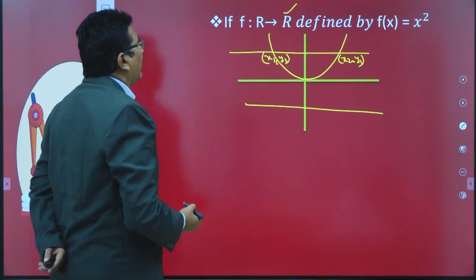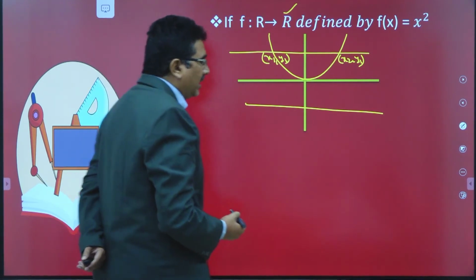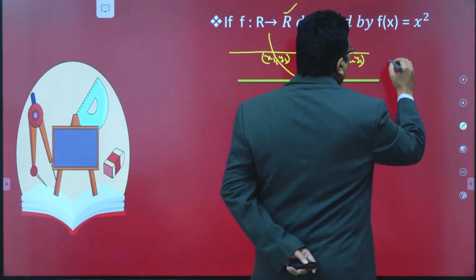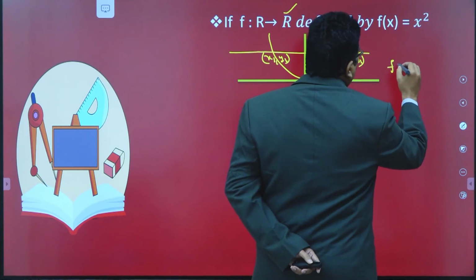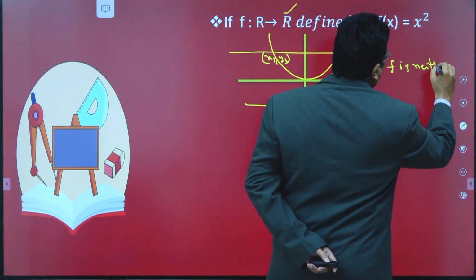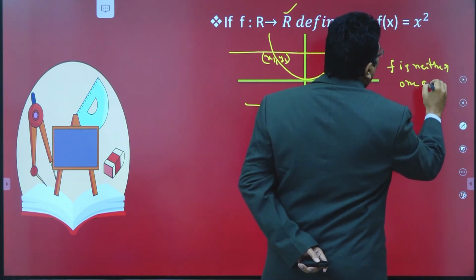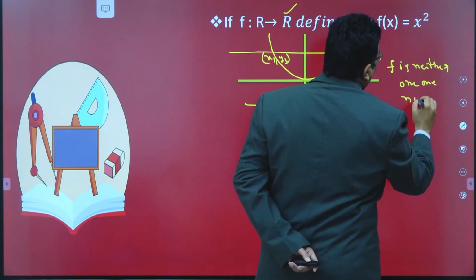So f of x equal to x square defined from R to R is not one-one and not onto. F is neither one-one nor onto.